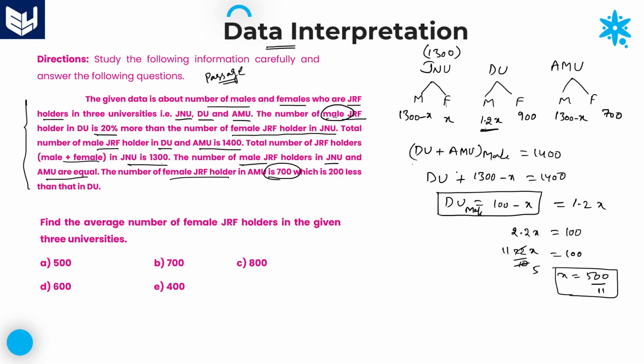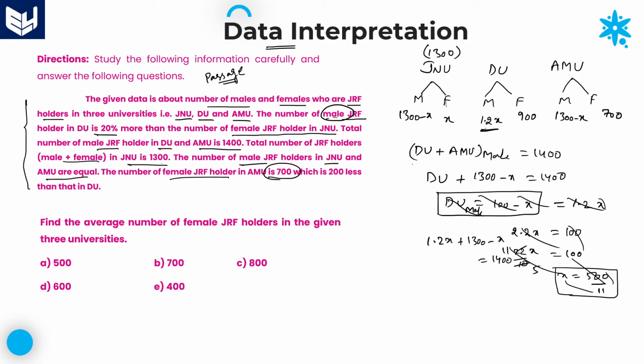So DU male employees 1.2x, AMU male employees 1300 plus x, which is equal to 1400. Oh sorry, there is a small calculation error. See here, DU is 1.2x plus 1300 minus x, which is equal to 1400.